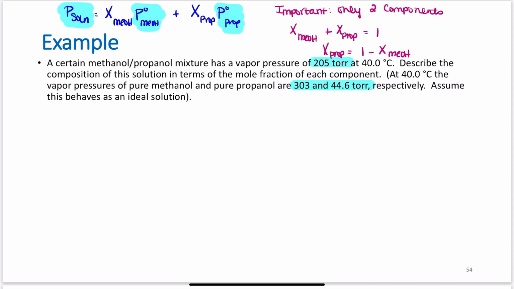It doesn't matter. But I can now take this piece and substitute it into my equation for the mole fraction of propanol and solve the question.